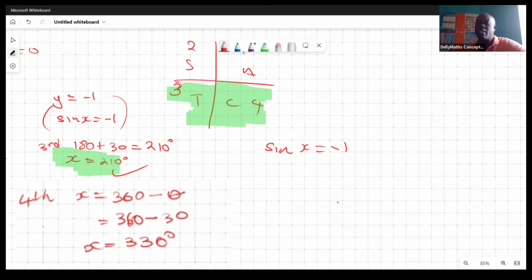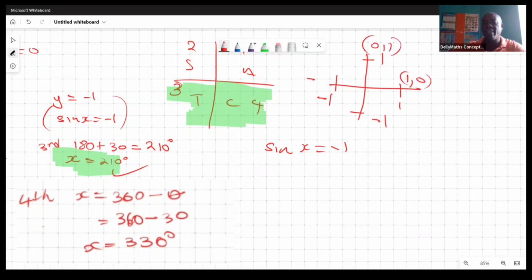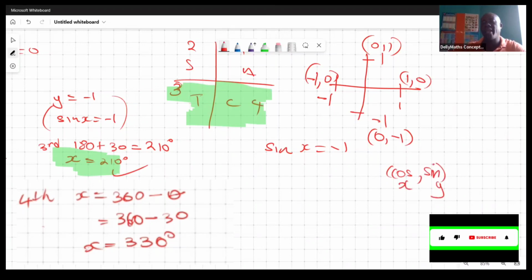Remember that sine and cosine functions range between +1 and -1. So then we're going to have to go on that unit circle. These spots, the coordinates for these are very important to understanding what's going on. So we have 1, 0 here. We have 0, 1 here. We have -1, 0 here. And we have 0, -1 there. On the unit circle, the coordinates are as follows: cos, sine, x, y.